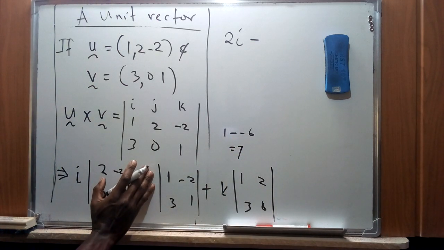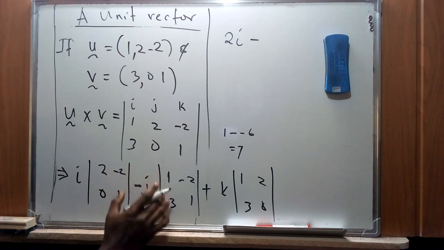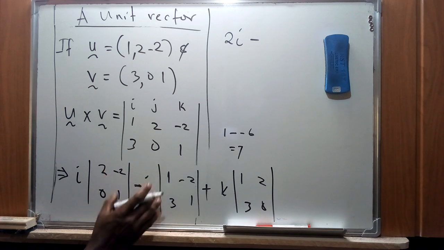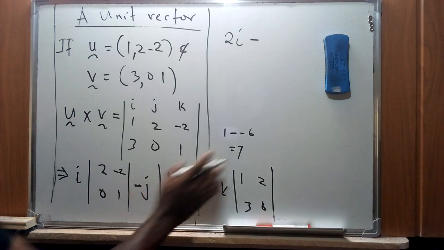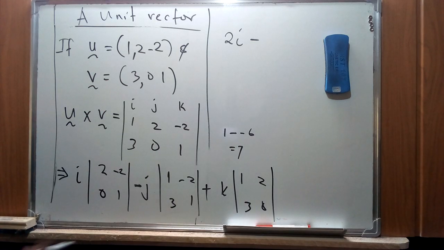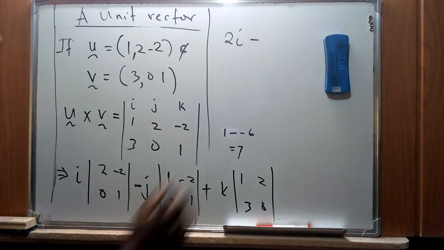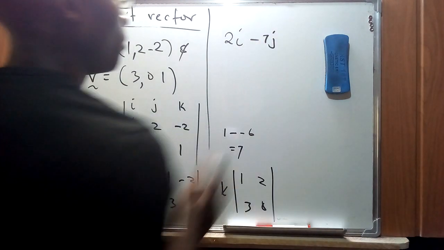So for the j component, the determinant is going to be 7, but there's a minus sign here, so this sign caters for the j component.